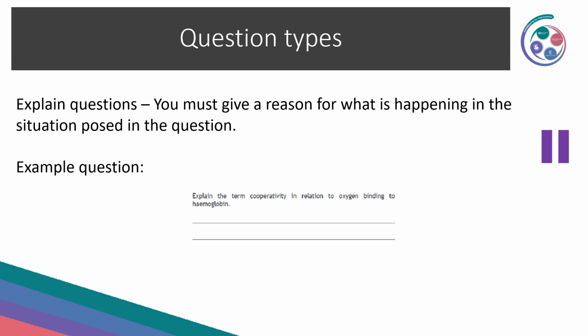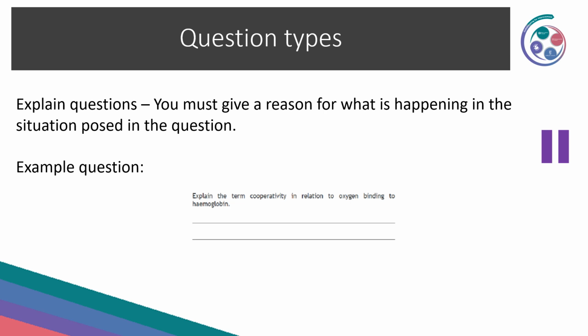We have an example question here where they have asked you to explain the term cooperativity in relation to oxygen binding to hemoglobin. So they've given us a scenario. They've said, relate this term, cooperativity, to oxygen binding in hemoglobin. So we need to relate this situation to another situation.